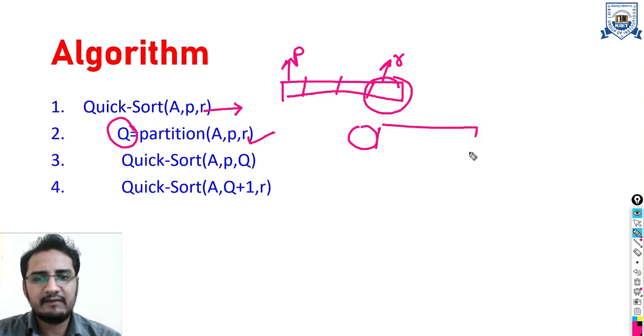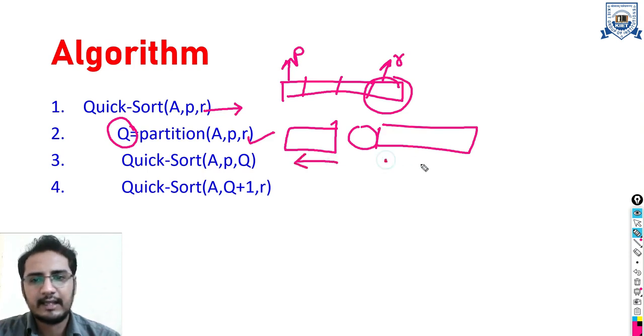So the array will be divided into two parts. The left part, all the elements will be either less than or equal to the pivot, and all the elements to the right will be greater than it. Then on this left part and on this right part, you will call quicksort recursively.